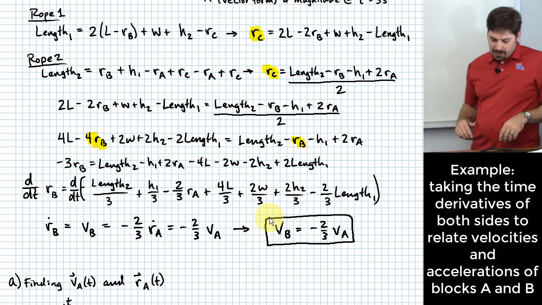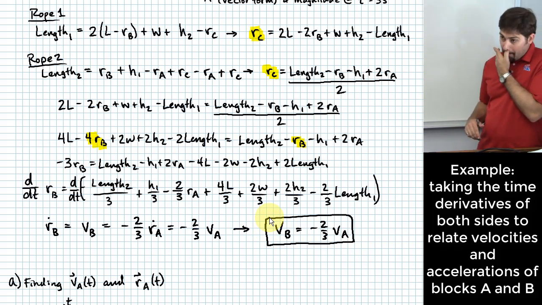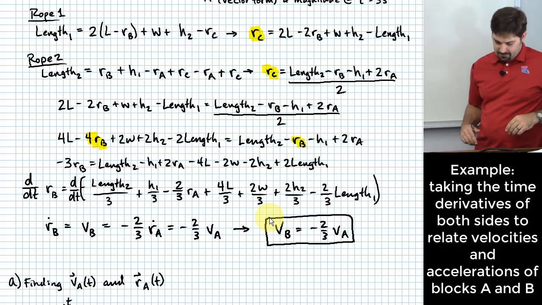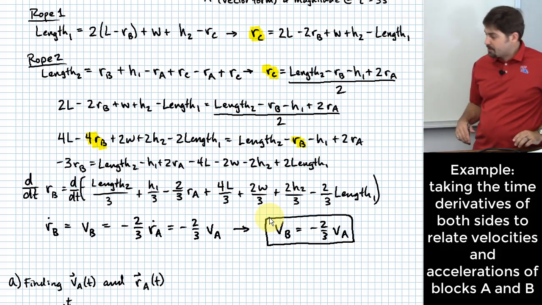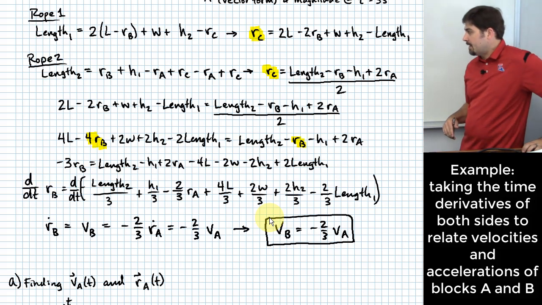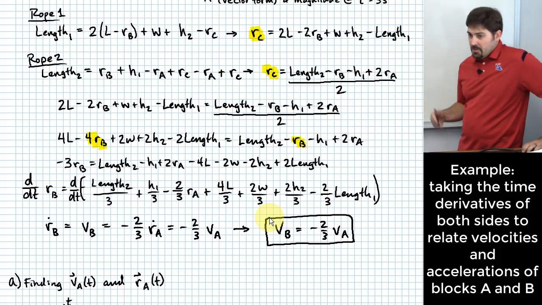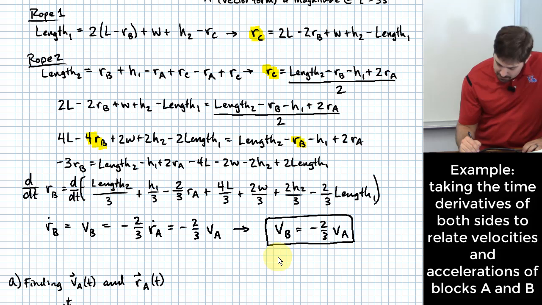Can I do another derivative? Is there any reason I can't take a derivative again with respect to time? And the answer is no. If I took another derivative with respect to time, I find that the acceleration of b is going to be equal to minus 2/3 times the acceleration of a.